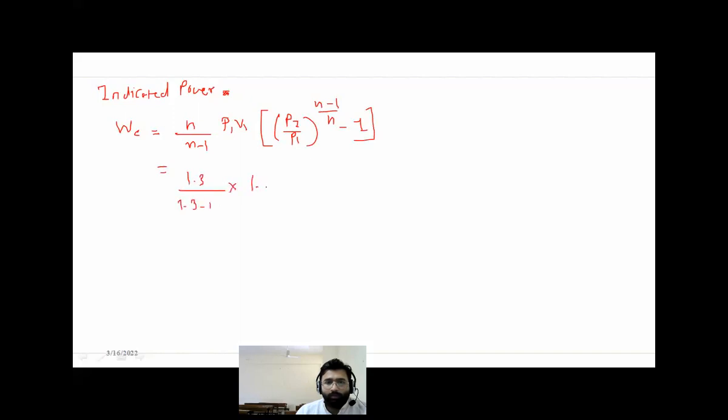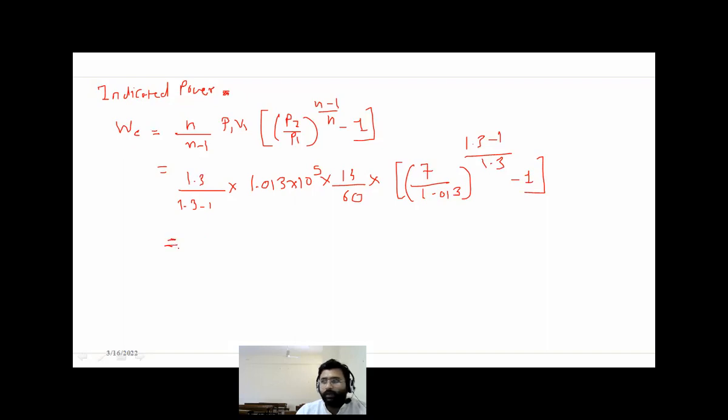Pressure P1 is 1.013 into 10 to the power 5 Pascal. Volume is given, 14 meter cube per minute, 14 divided by 60 in brackets, times (7 divided by 1.013) bracket raised to (1.3 minus 1) divided by 1.3, minus 1. So calculate the compressor work and then we'll calculate the power.